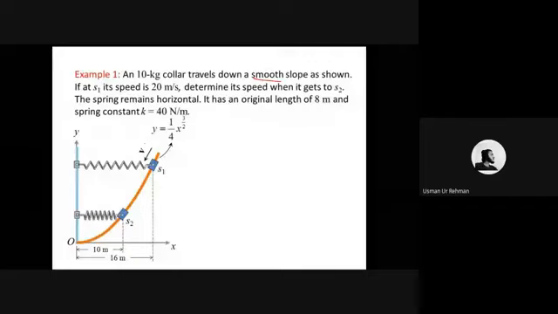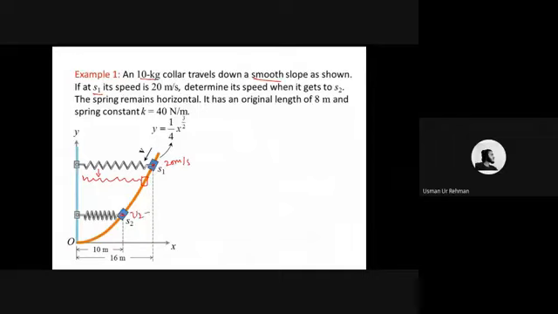As the collar moves downward, the spring also moves with it, and at this location the spring is compressed. The weight is 10 kg. If at S1 here its velocity is 20 meters per second, determine the speed when it gets to S2.